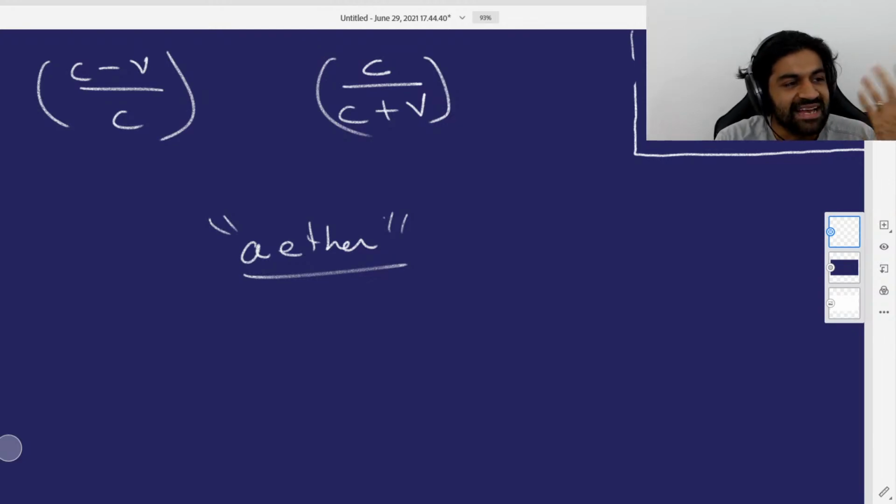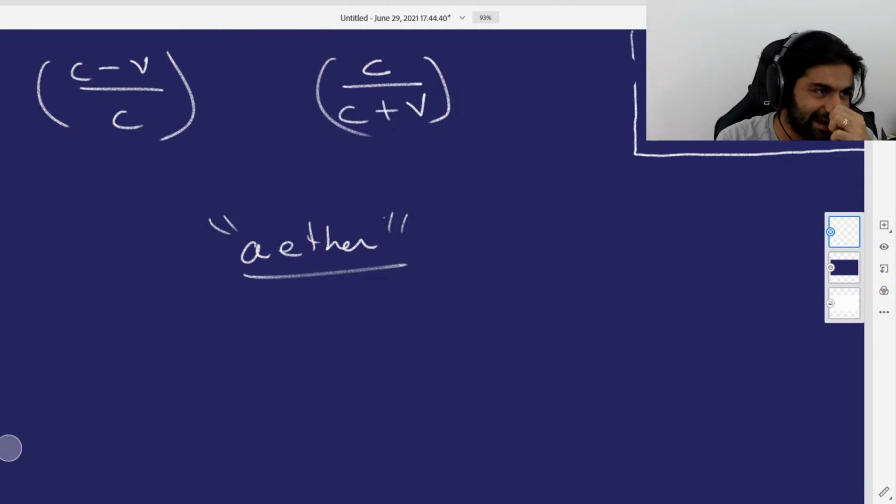It made sense, and people thought about it this way. But then again, if light needs this medium, the ether, to go through, then you would expect to see the same asymmetry when you look at light, right?